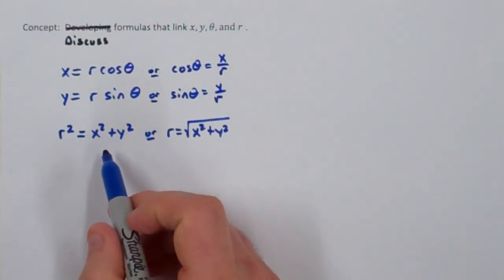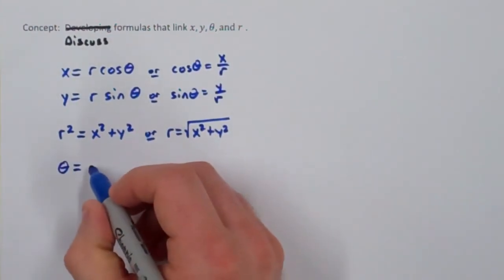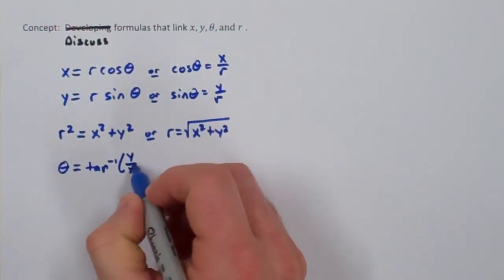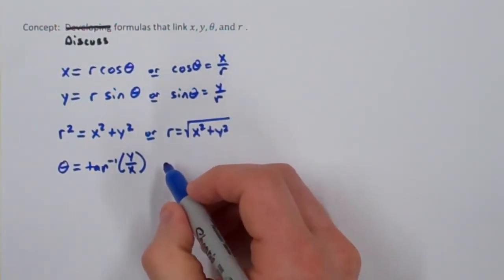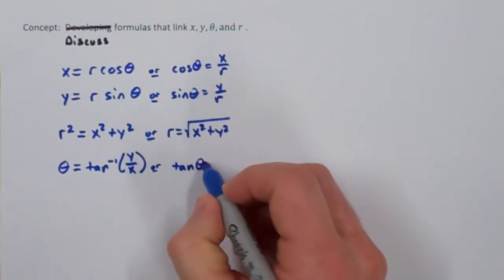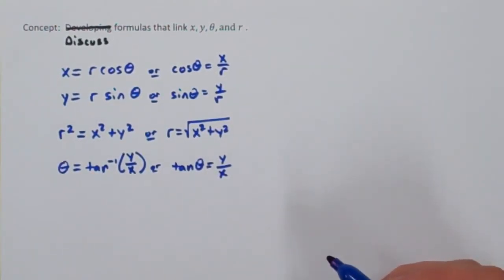There's one more here for this one, and that would be that theta is equal to the inverse tangent of y over x. You don't see this one a whole lot, but sometimes you do. Or you could write the tangent of theta equals y over x, and you might see this one here and there.